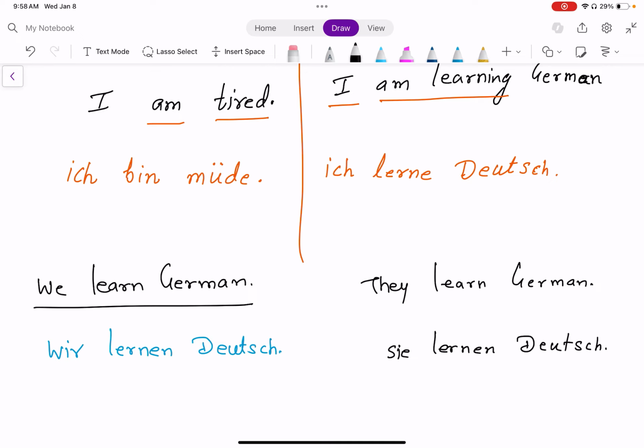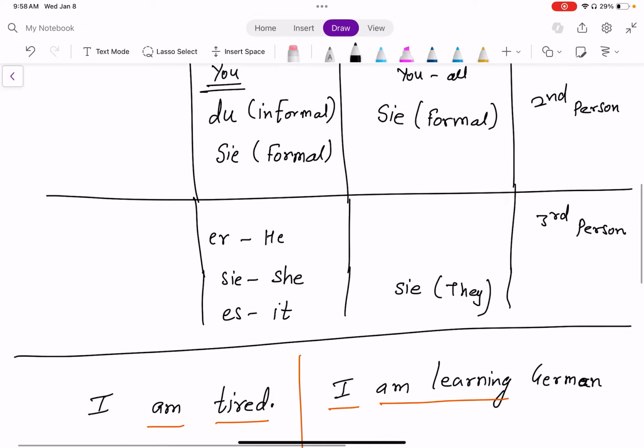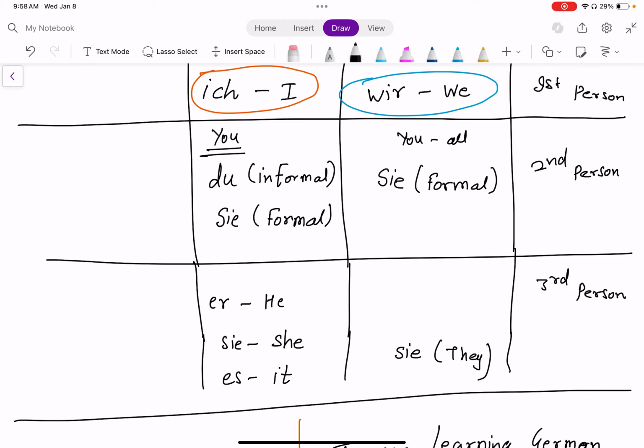Now, how will we write, he learns German? Any idea? What is the word for he? For he, we use er.